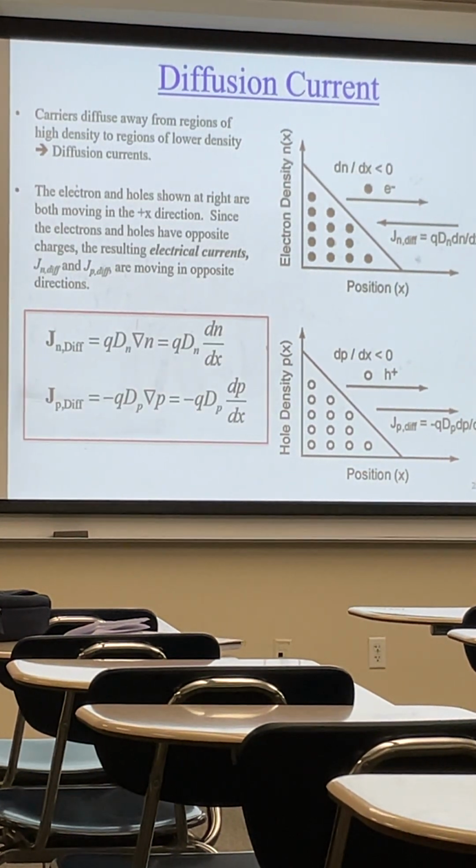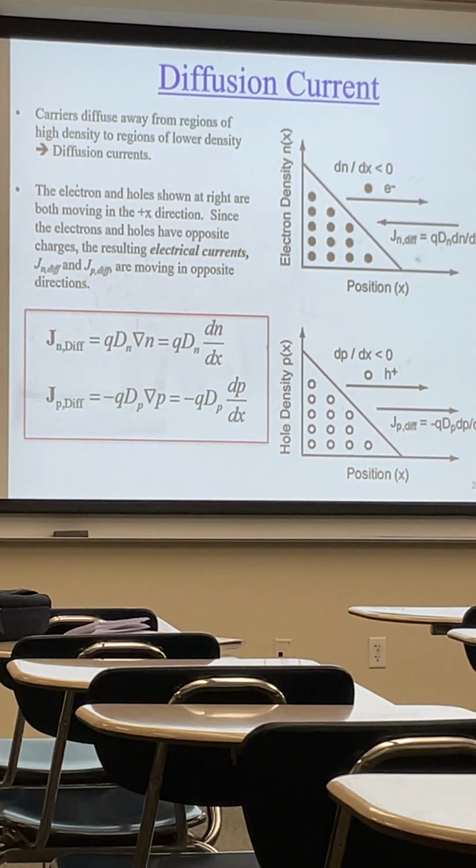So these are the two equations for the diffusion current. Carriers diffuse away from regions of high concentration to regions of lower concentration, and this leads to diffusion current.